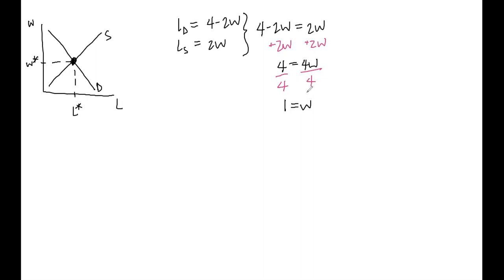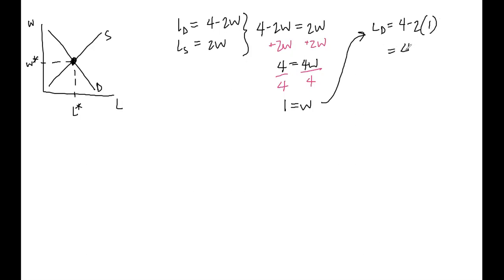And then we can use this equilibrium wage and plug it back into either of these equations to find our equilibrium labor. Because at equilibrium, labor demand equals labor supply, so it doesn't matter which equation you plug it back into. So plugging this back in, I'm going to use the first equation. We have labor demand equals 4 minus 2 times the wage of 1 that we just solved.